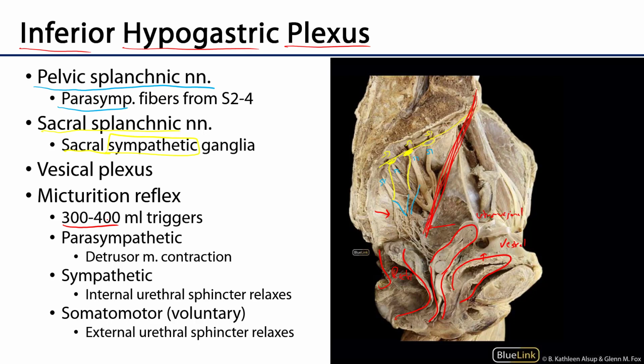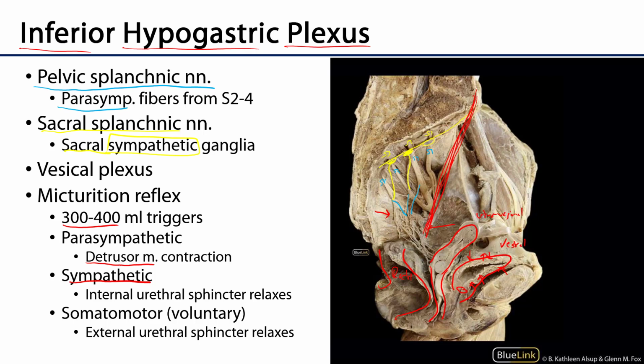These include parasympathetic stimulation of the detrusor muscle. So the detrusor muscle is going to contract. Simultaneously, the portion of the detrusor muscle that forms the internal urethral meatus is going to relax under sympathetic stimulation.